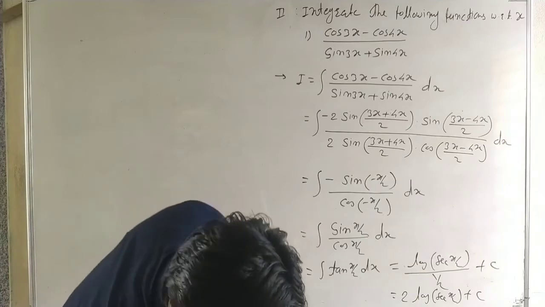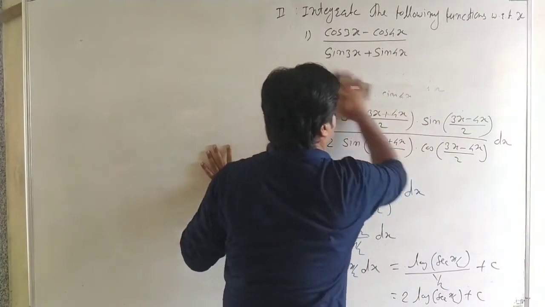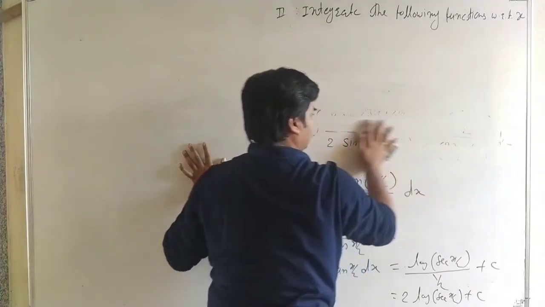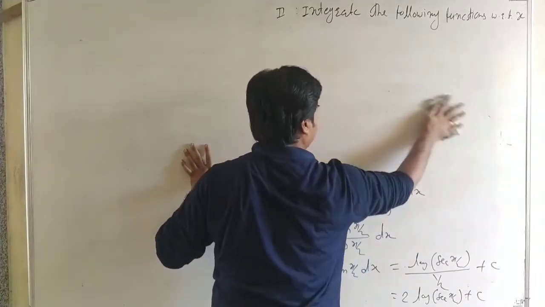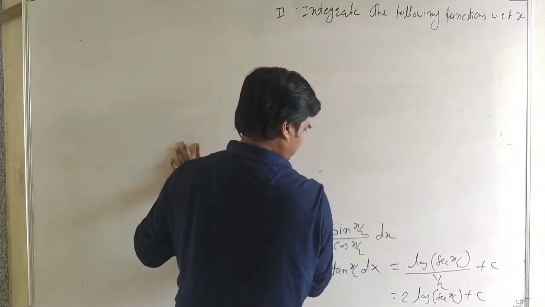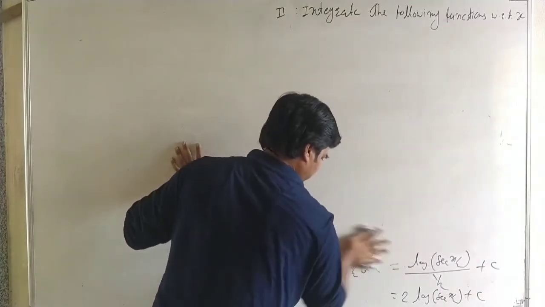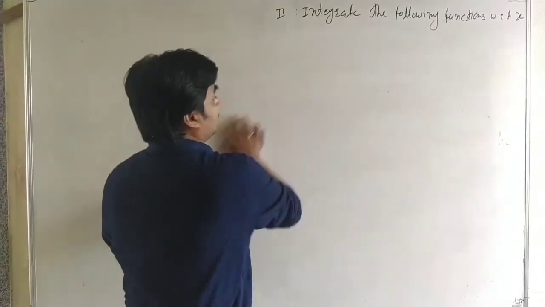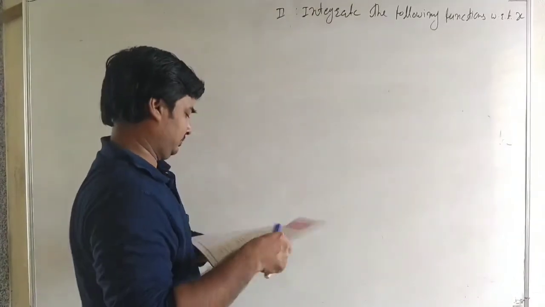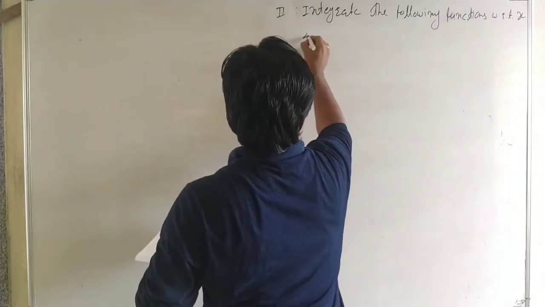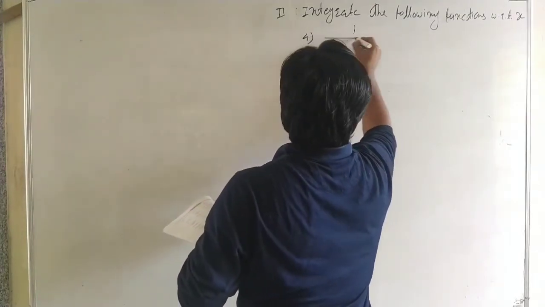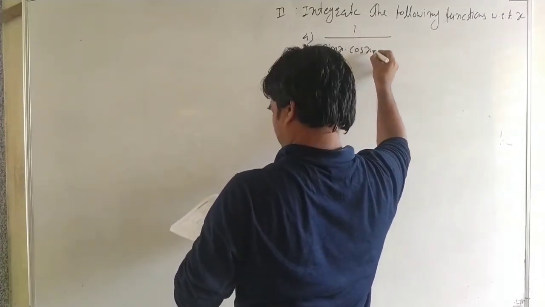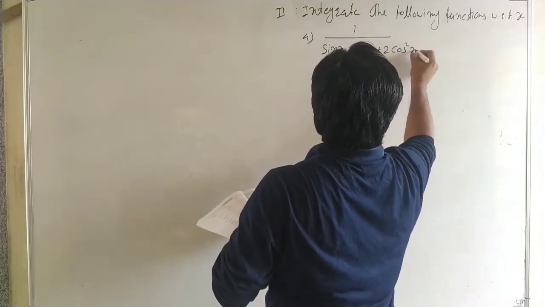Now we see the next example. Next, the integral of 1 upon sin x into cos x plus 2 cos square x.